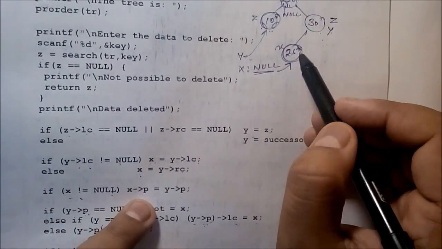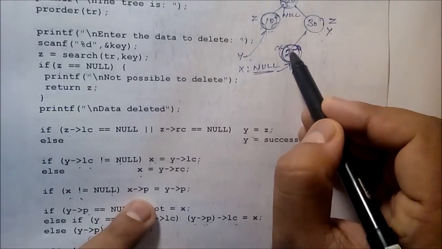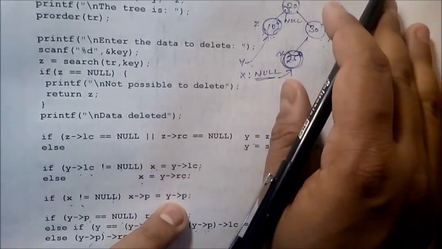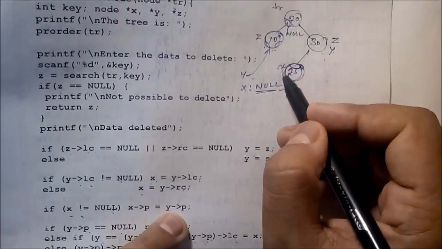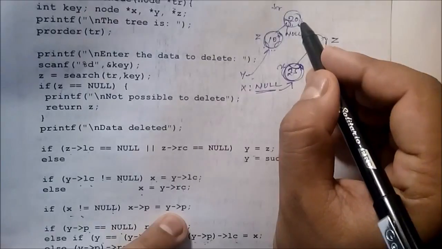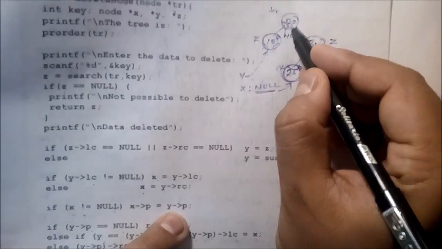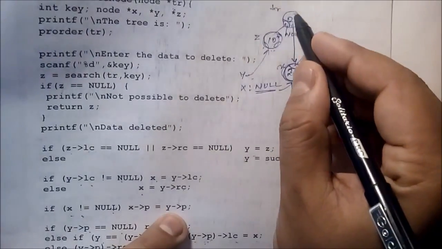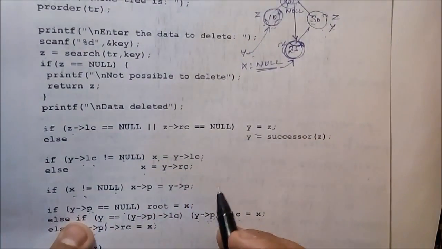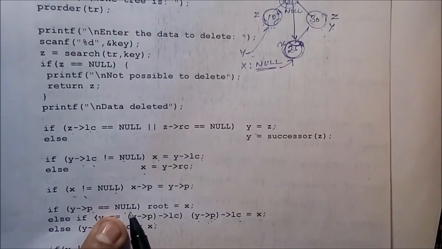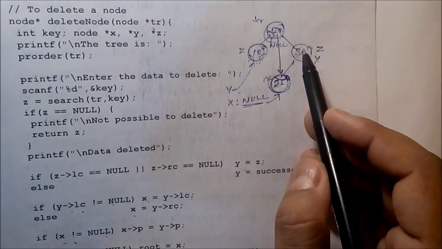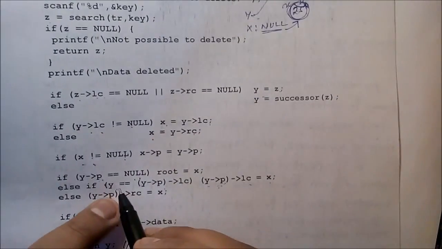Now the parent of x will be the parent of y, because if you want to delete this particular node, the parent will be the parent of this 30. So the parent of 30 is this particular node, and here we store the address of this particular node. Next, yp equal to null, the parent of y equal to null? No, the condition is false.